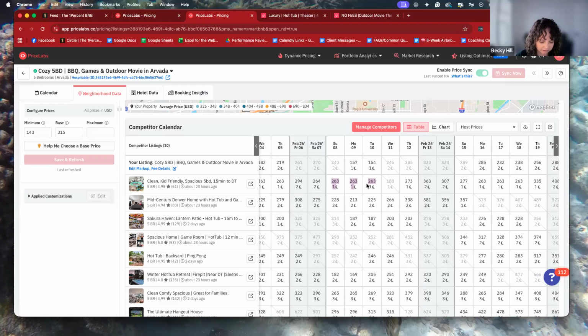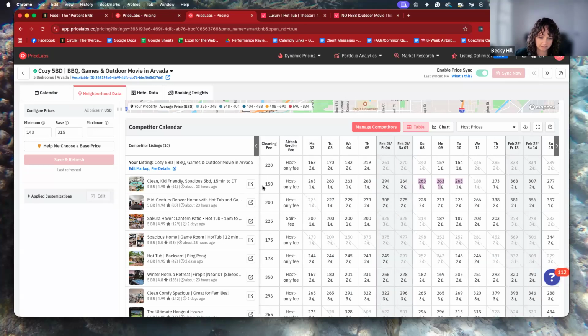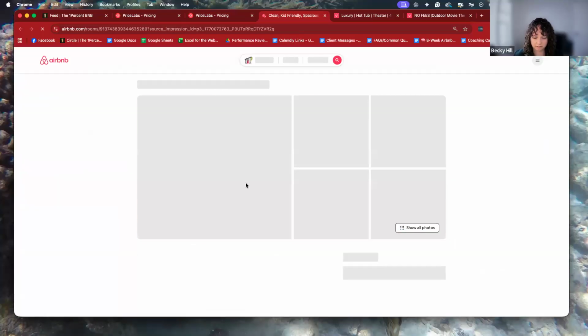Let's see on the accuracy of this. Plus they say they have a $150 cleaning fee, and then they have a 15.5% service fee, so they've probably increased for that. So in theory, their total price should be around $783 if I'm calculating that right.